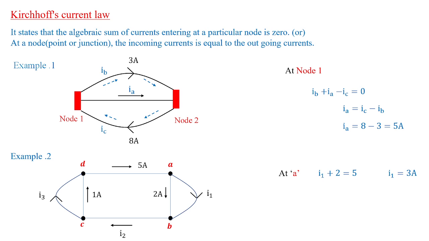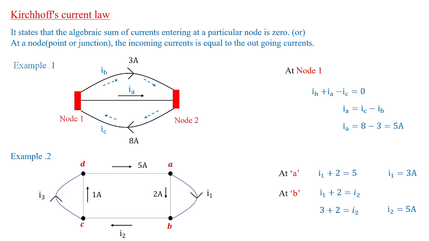The same logic will apply, that is the KCL, when it is applied at node B. You're going to get I1 plus 2 is equal to I2. Since we got the value of I1 as 3 amperes, I'm substituting that in this equation. I'm going to get the value of I2, which is equal to 5 amperes.